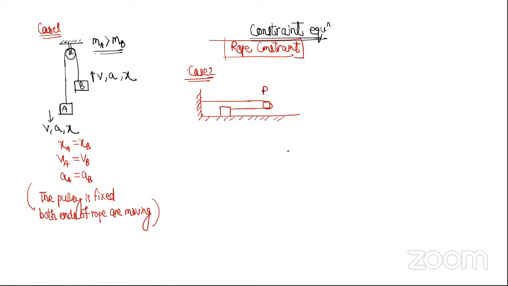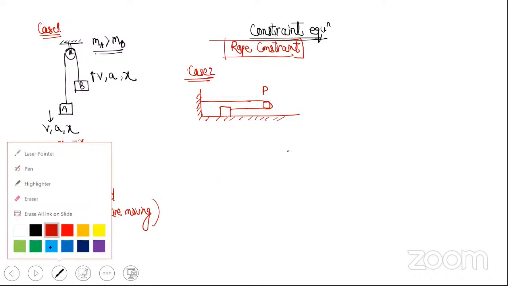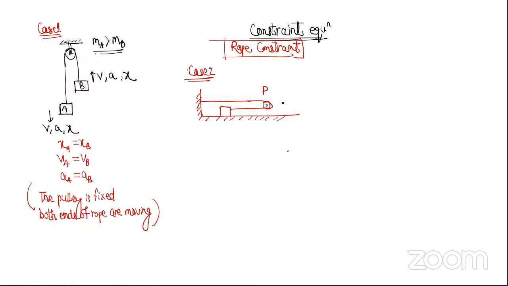Here is a pulley. Someone is pulling it. So because someone is pulling it, this block B is also moving. This pulley P is also moving. Okay, look at this. Here one end of the rope is fixed.